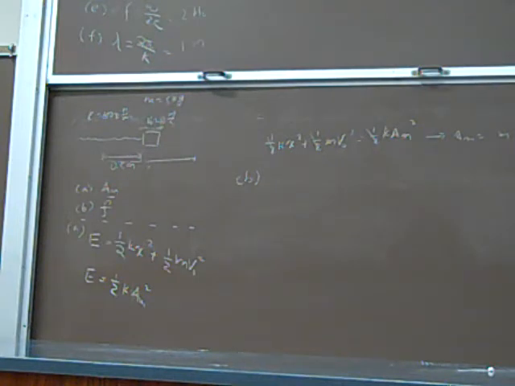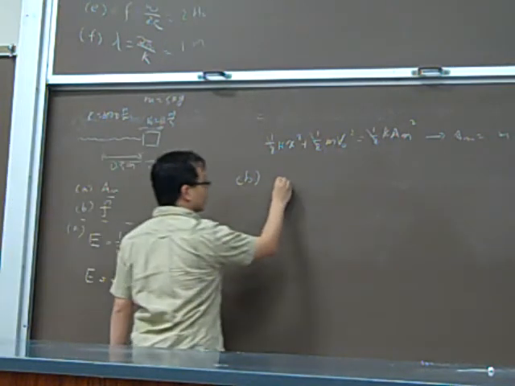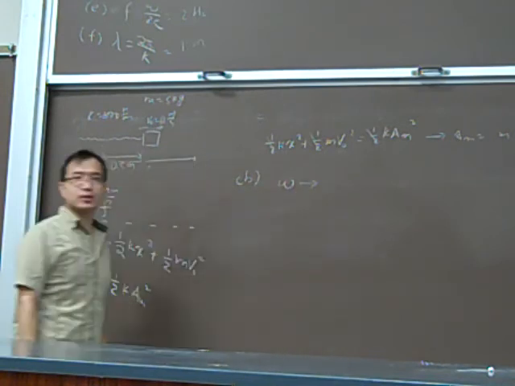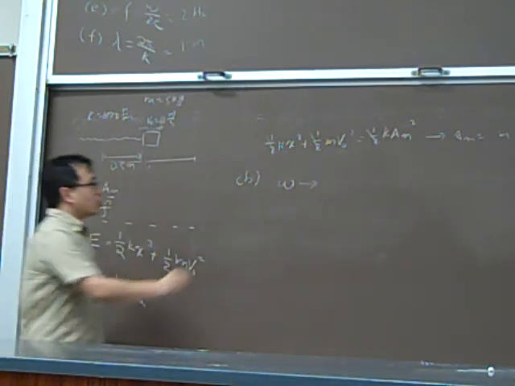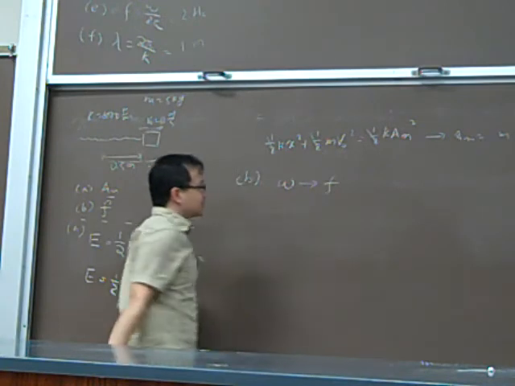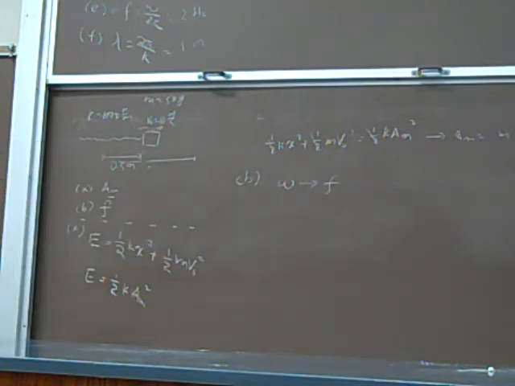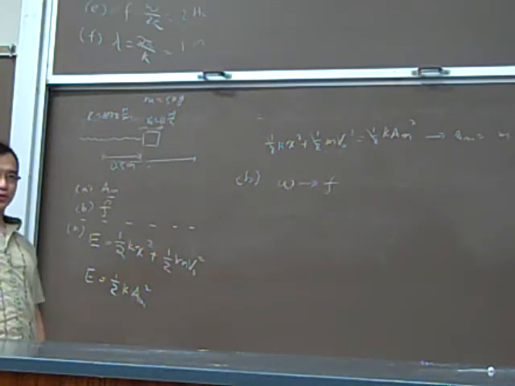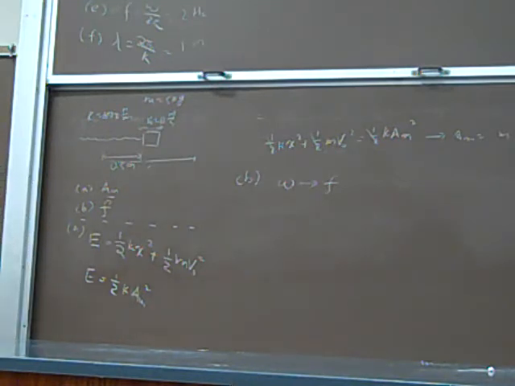So what do you want to calculate first? Omega is related to frequency, so our important first guy is omega. You need to first calculate omega and then you can calculate frequency. K is related to wavelength, not frequency.